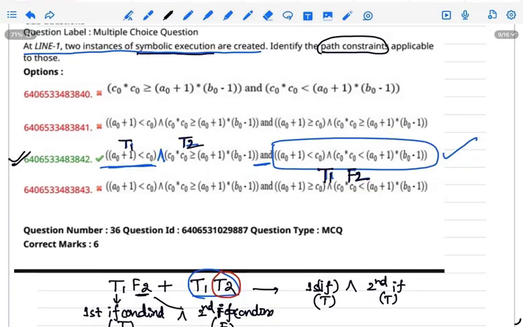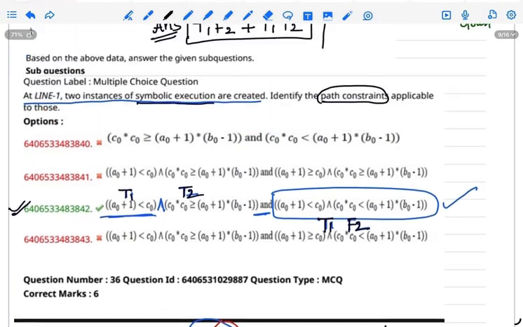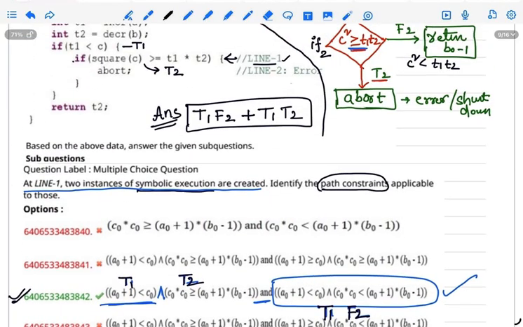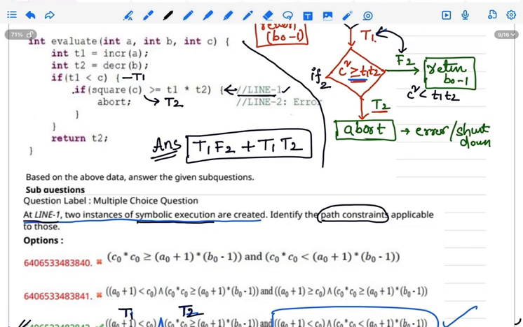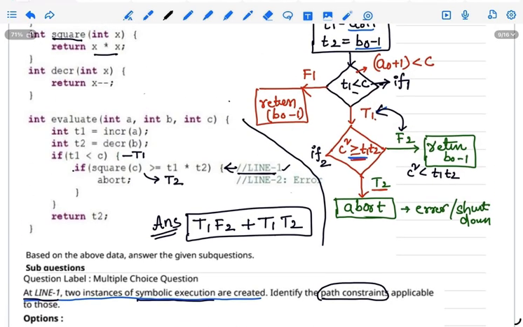So how to identify these answers? They are asking to first identify the condition at line 1. So how is line 1 reached?